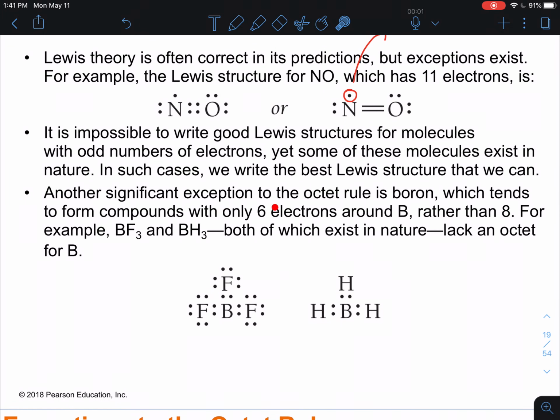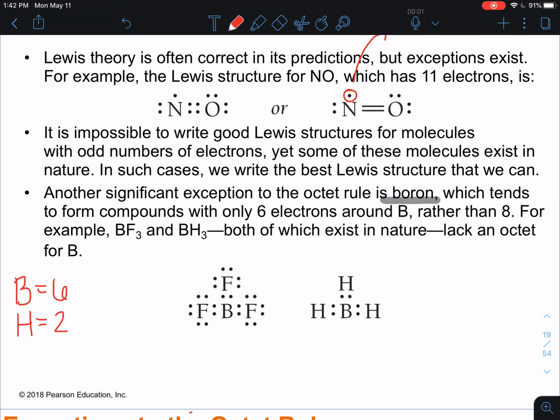Another significant exception to the octet rule is boron, which tends to form compounds with only 6 electrons rather than 8. So there are compounds that are exceptions, and then there are elements that have exceptions. Boron is one, hydrogen is also one. Boron likes to have 6 electrons associated with it.